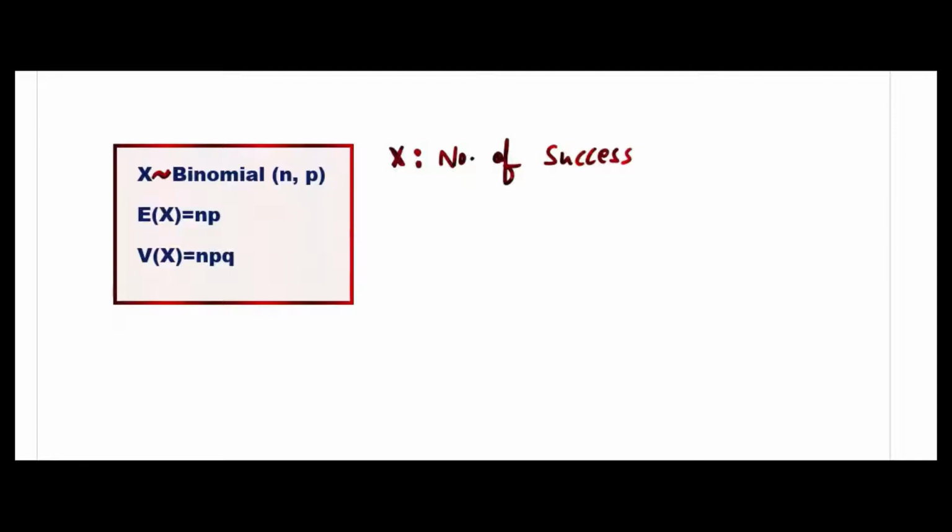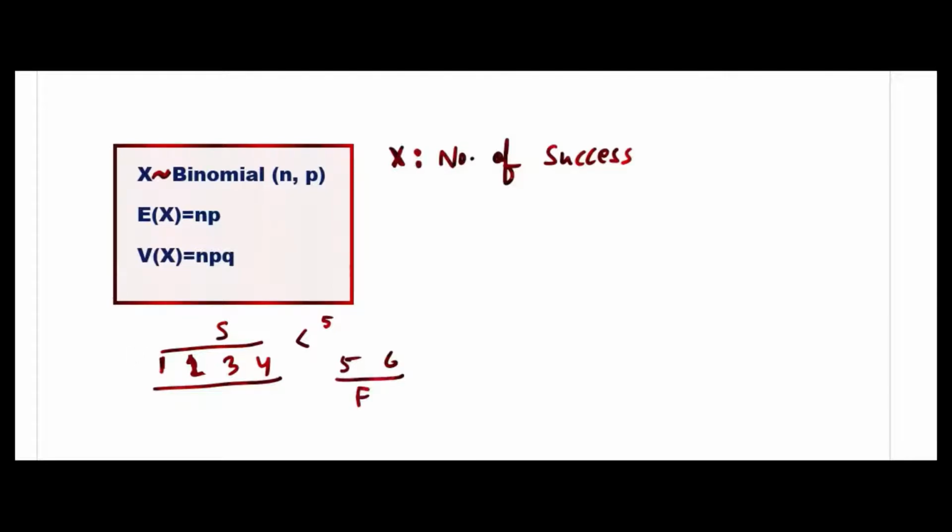So it will not fit into binomial distribution, but you can transform it into a binomial distribution. Suppose this is 1, this is 2, this is 3, this is 4. Getting a number less than 5 is called a success, and greater than or equal to 5 is called a failure.